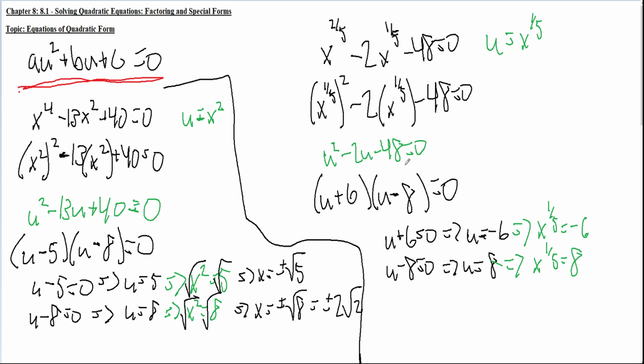And since we're taking the 5th root of x, we have to raise both sides to the 5th power. And I kind of regret doing 1 to the 5th, but negative 6 raised to the 5th power will give us, so I'll write this down here.